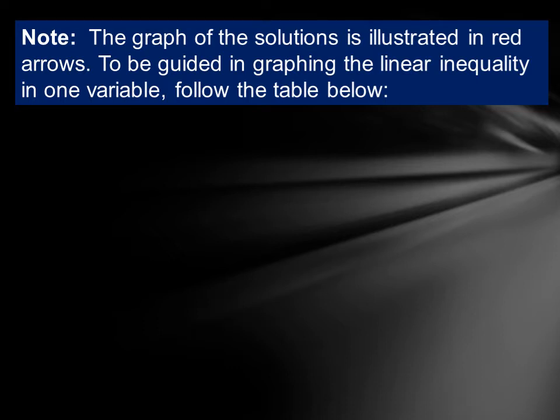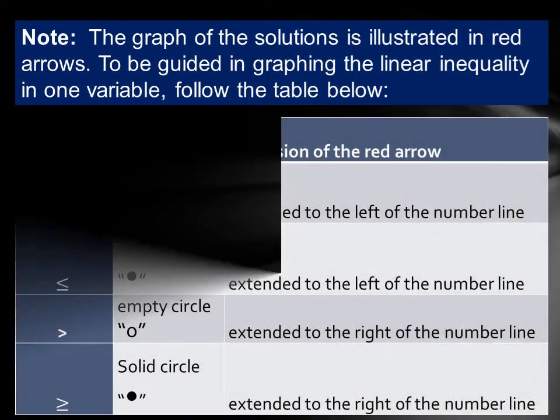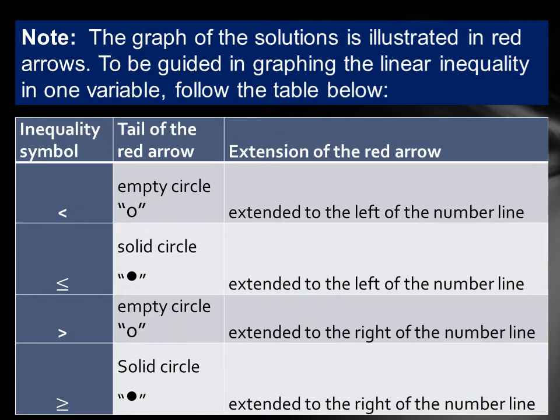To be guided in graphing a linear inequality in one variable, follow the table below. If the symbol is less than, use an empty circle extended to the left of the number line, while for less than or equal to, use a solid circle extended to the left.